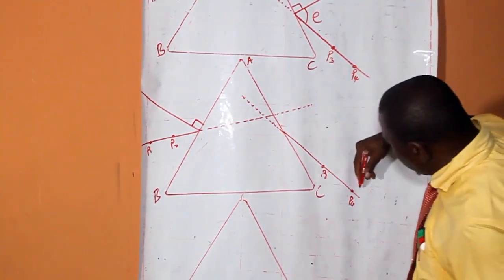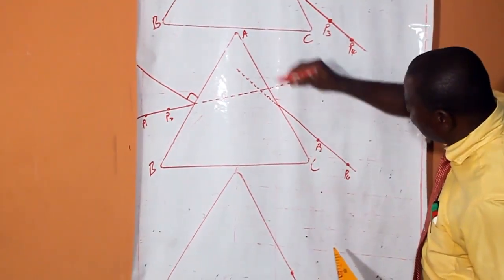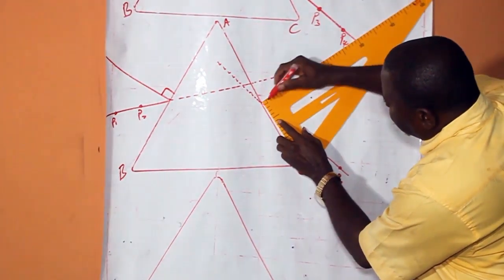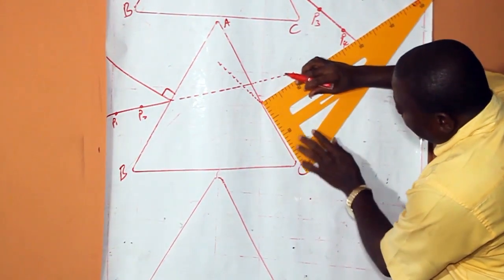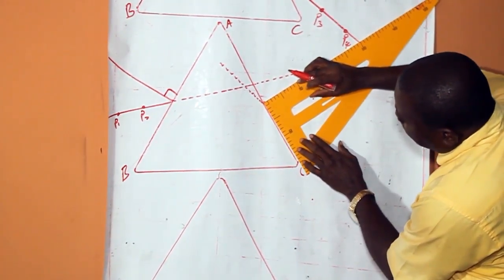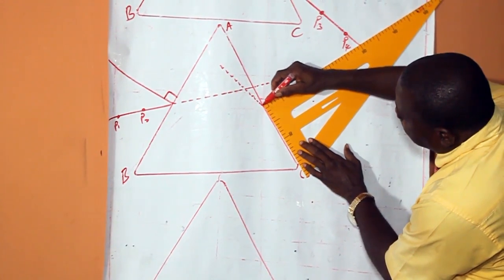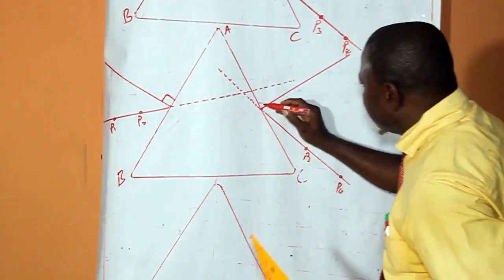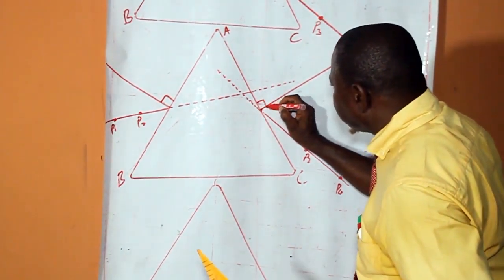So at the point where P3 and P4 join AB, we are going to draw a perpendicular line. This right angle triangle will rest on side AB. Then we draw a straight horizontal line like this. That will be 90 degrees.